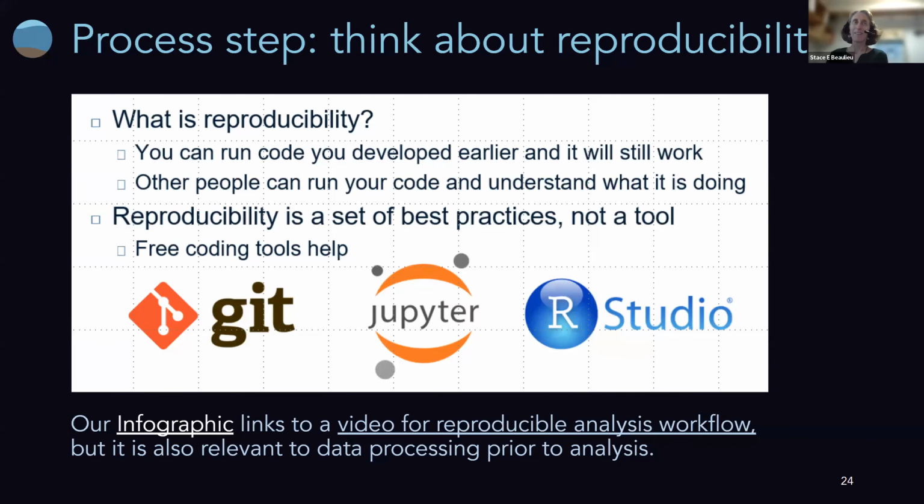And in the context of this data training, it's not just that you ultimately could share your code like we talked about in module 1, but it's how you can provide some descriptive metadata to help people understand how to step through the process. So in our infographic, we also link to a video if you want to kind of see an example of going from interacting with spreadsheets to using an open source programming language and scripts for a pipeline for data processing.